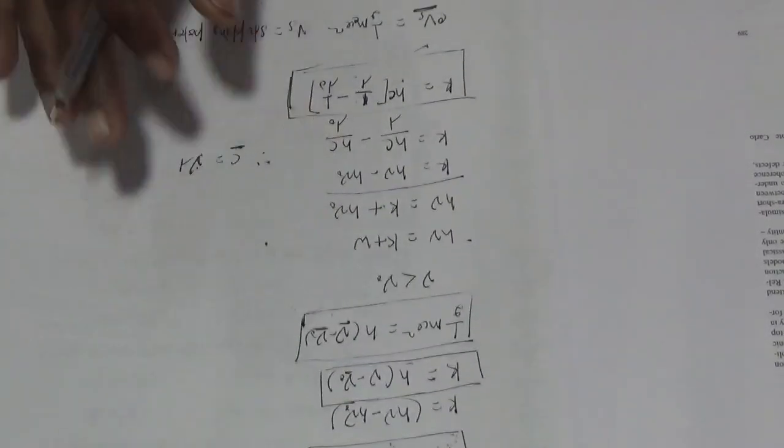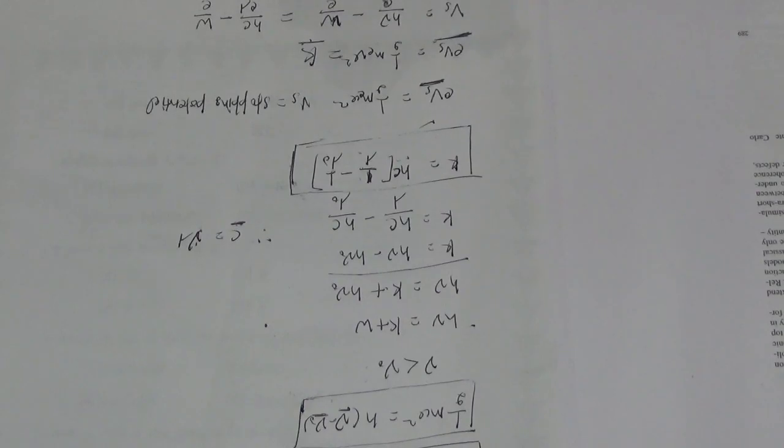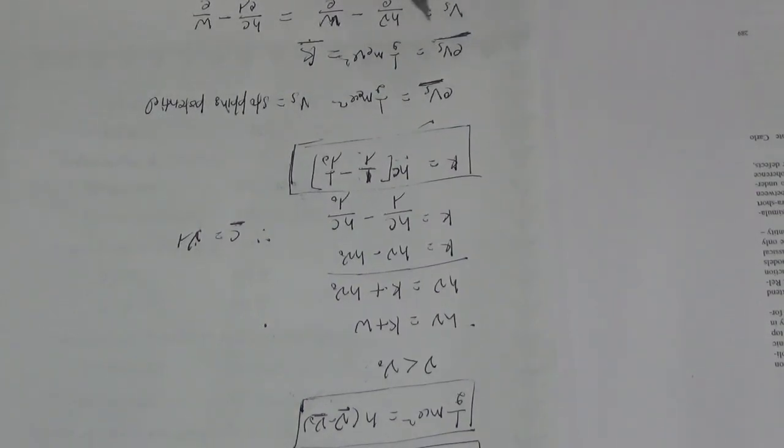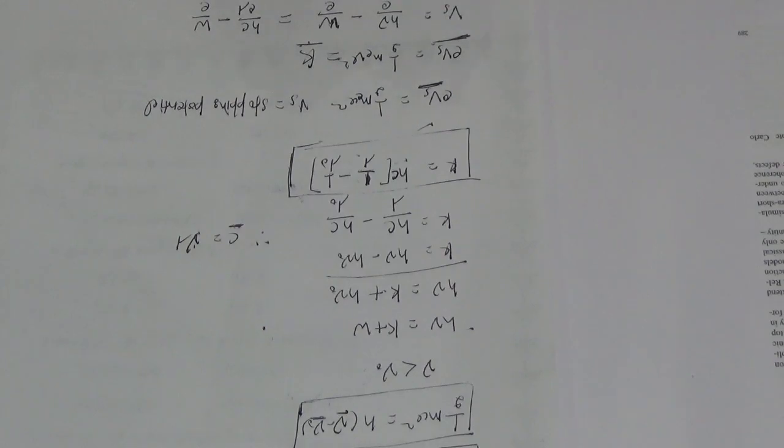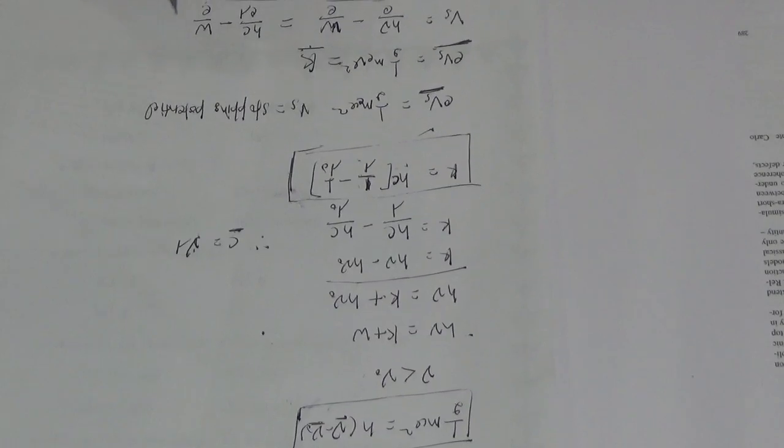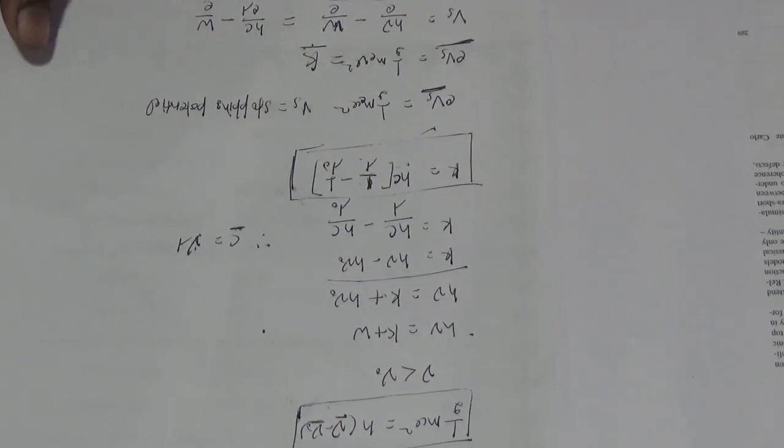Hence k is equal to h nu minus w. Hence Vs is equal to (h nu minus w) upon E, and h nu is equal to hc by lambda. Hence Vs = hc by E lambda minus w by E. Friends, I hope all results will be clear from here.